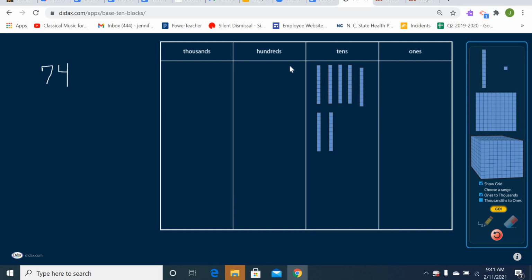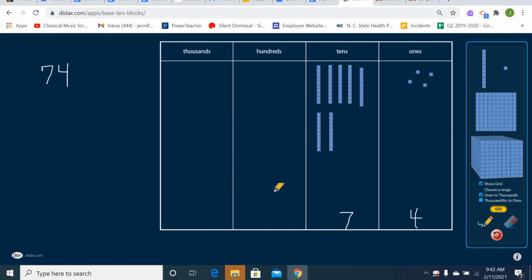In my ones place, I have 4, so I need 4 dots, or 4 ones. 1, 2, 3, and 4. So this is what 74 looks like with a picture, or our rods and dots. I have 1, 2, 3, 4, 5, 6, 7 groups of 10, and I have 4 ones. So I have a 7 in my tens place and a 4 in my ones place.